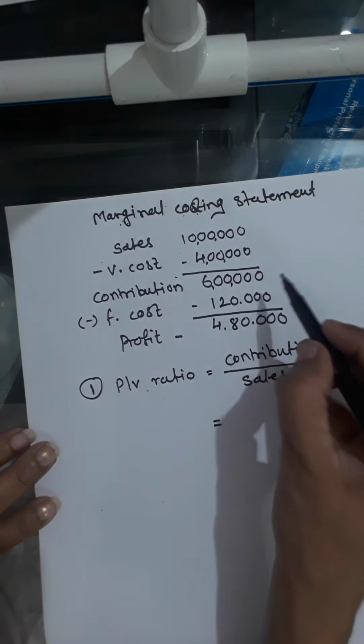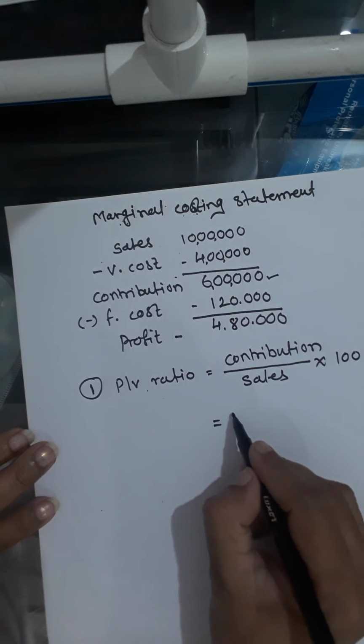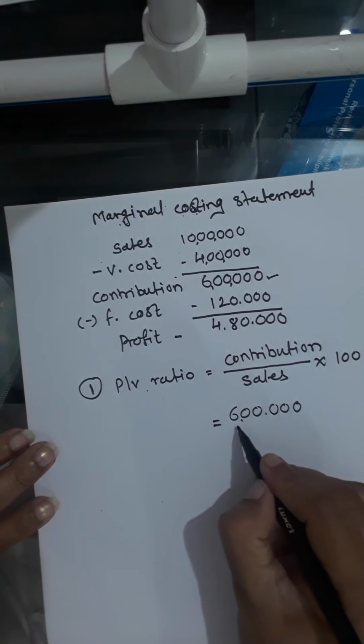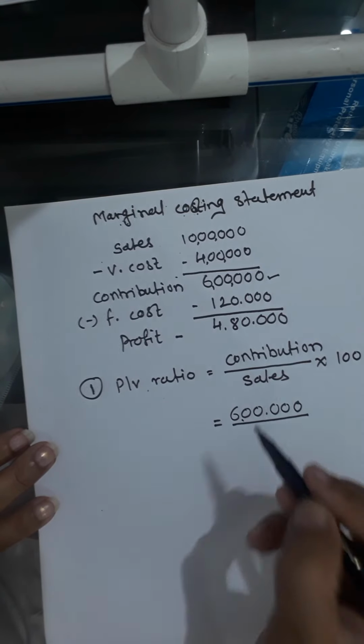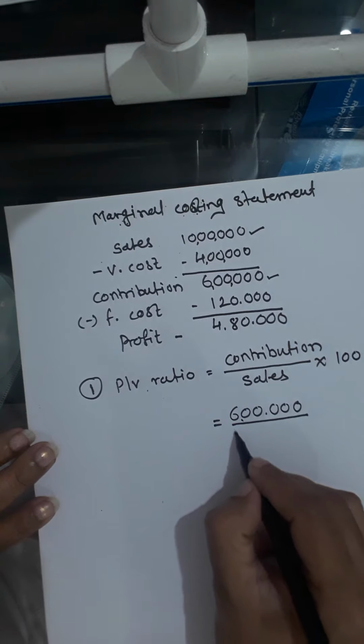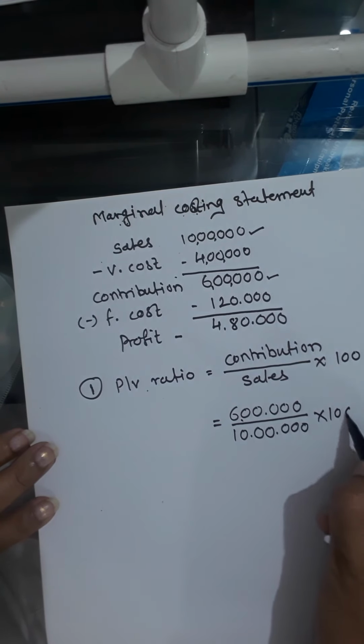In our marginal costing statement, we have already found contribution, that is rupees 6 lakh. 6 lakh is our contribution amount, and we are dividing that amount by sales volume. Our sales volume is rupees 10 lakh, into 100.